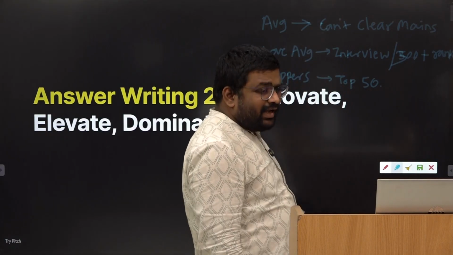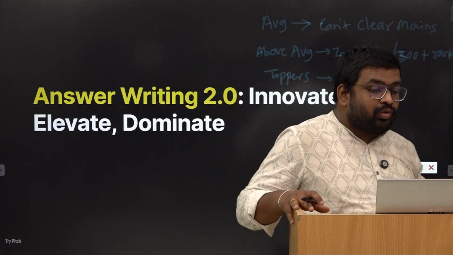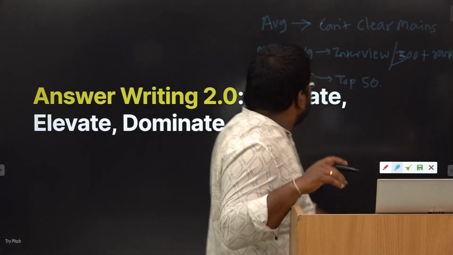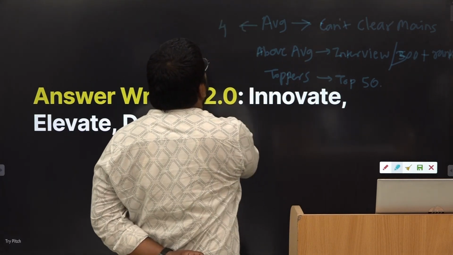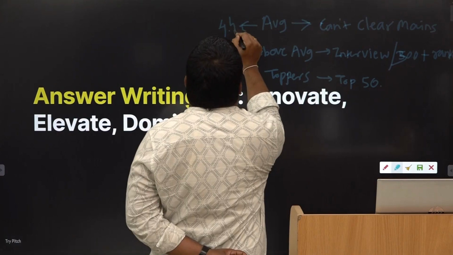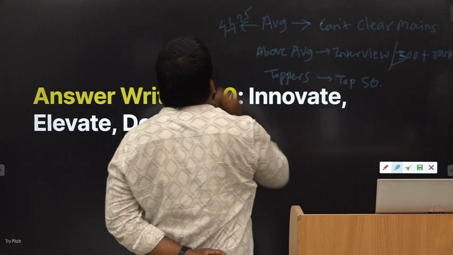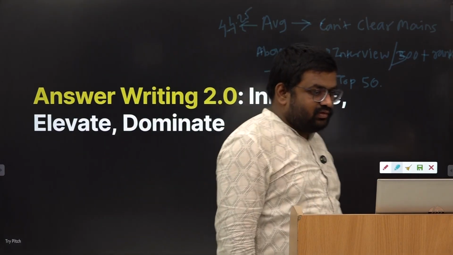If you analyze their marks properly, you will find that the average students get 4 to 4.25 marks on an average in a 10 marker question.